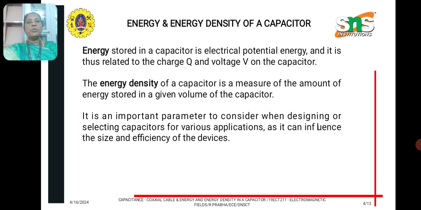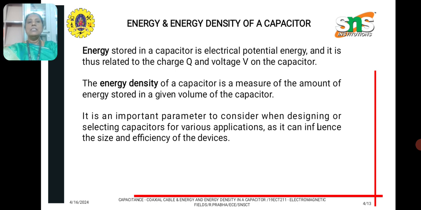Next we come to a very important topic, the energy and energy density of a capacitor. The energy stored in a capacitor is electrical potential energy, and it is always related to the charge Q and the potential difference V on the capacitor.